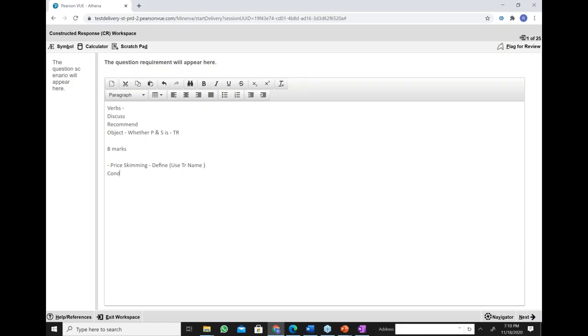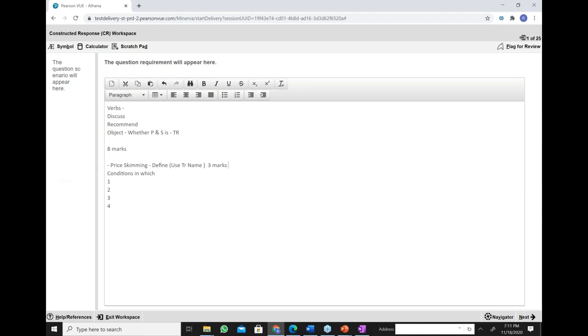And then write the conditions in which skimming is used, the conditions that I just told you from the previous slide. Write about the conditions, condition 1, 2, 3, 4. For all these, you will get 3 marks for skimming.